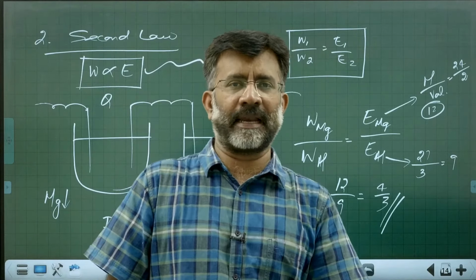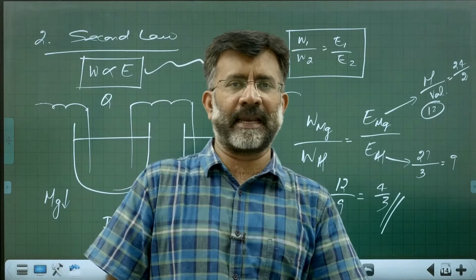That is about the electrodes. Then what is electrolyte? Electrolyte is a moist paste of ammonium chloride and zinc chloride. So what is anode? What is cathode? What is electrolyte?